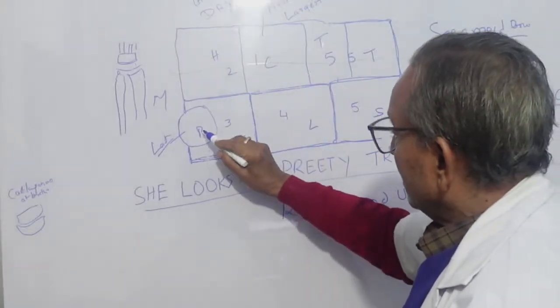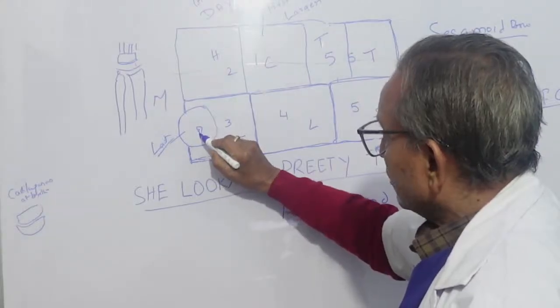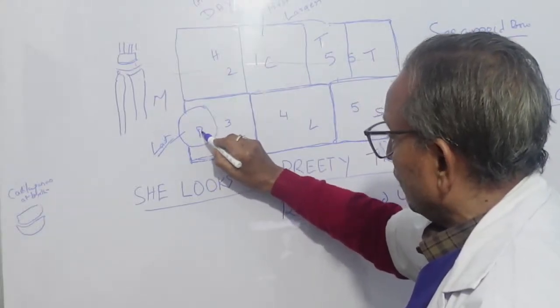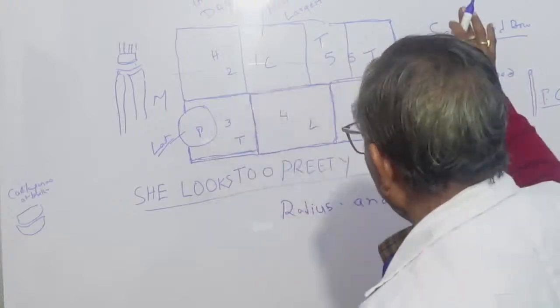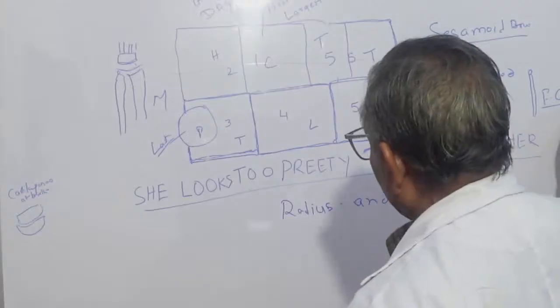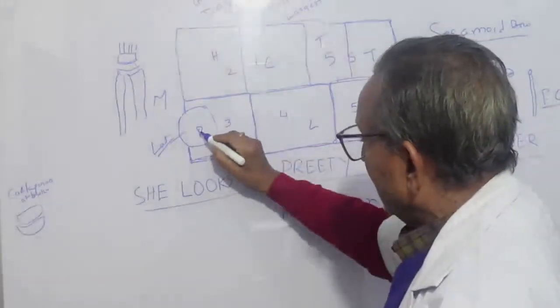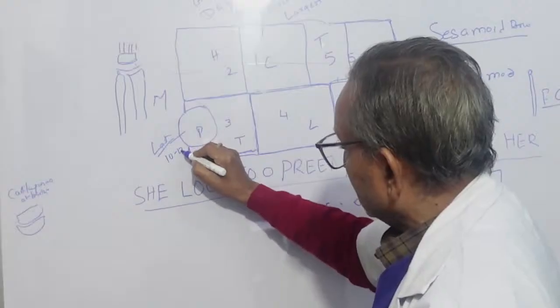Then the last ossification center to appear is pisiform. This pisiform, which is a sesamoid bone, which develops in the flexor carpi ulnaris tendon, appears at nearly 10 to 12 years.